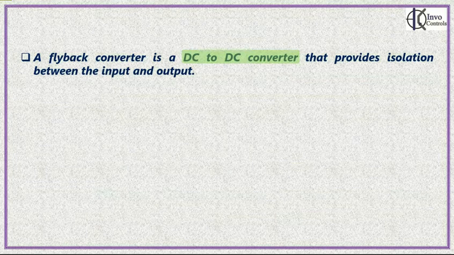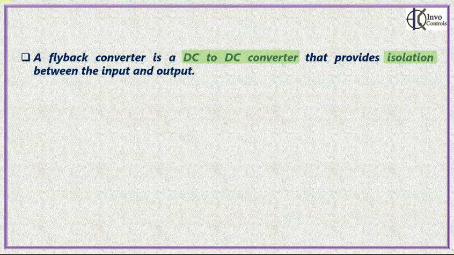Another term which we need to understand in this definition is isolation. Isolation here actually means electrical isolation. Isolation tells us that there is no electrical connection between the input and the output of the converter.